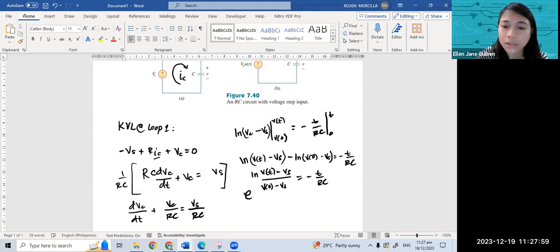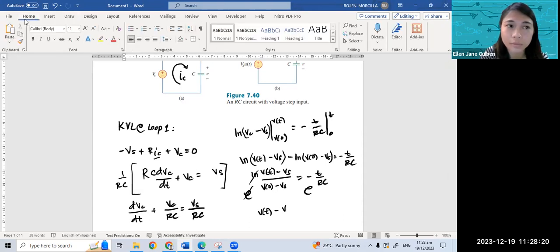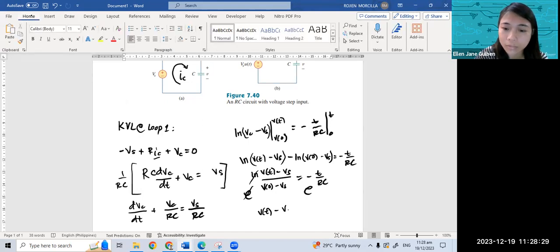Then we can do exponential on both sides. ln will be cancelled out. V of t minus Vs over V0 minus Vs equals e to the negative t over RC.